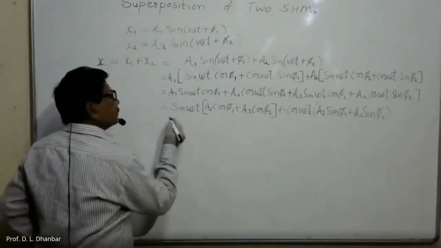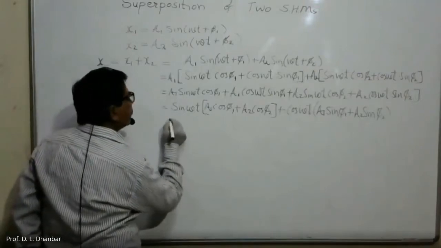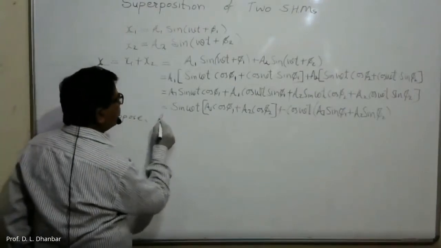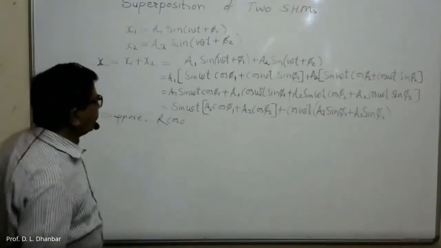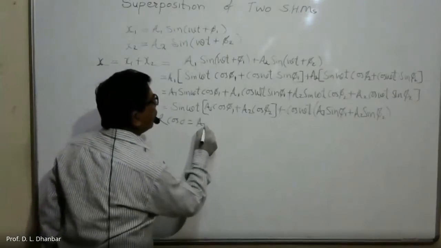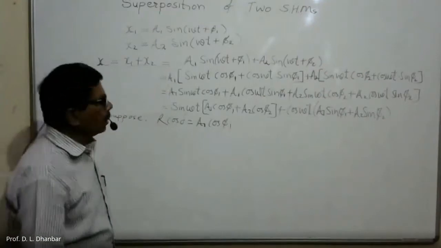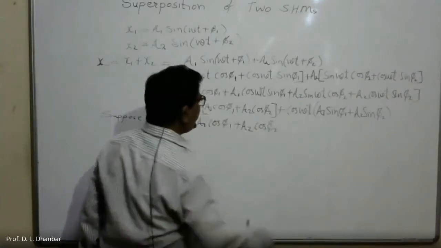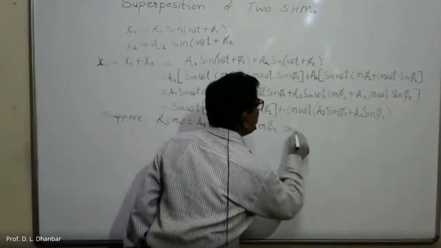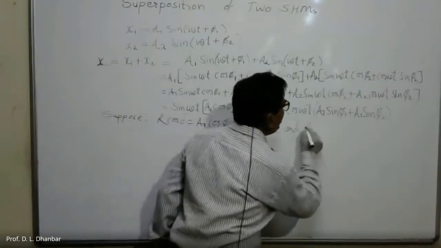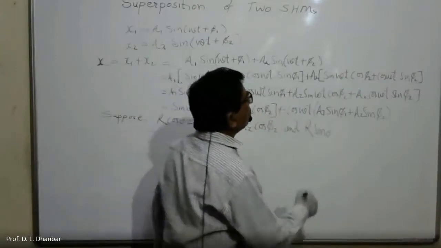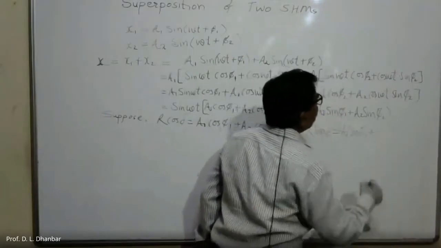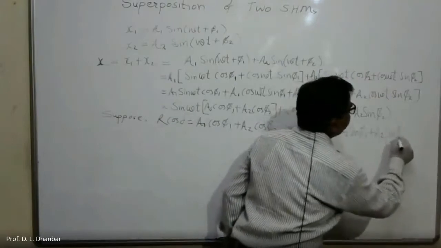So taking the substitution, suppose r cos delta is equal to this bracket, a1 cos of phi 1 plus a2 cos of phi 2, and r sin delta is equal to a1 sin of phi 1 plus a2 sin of phi 2.